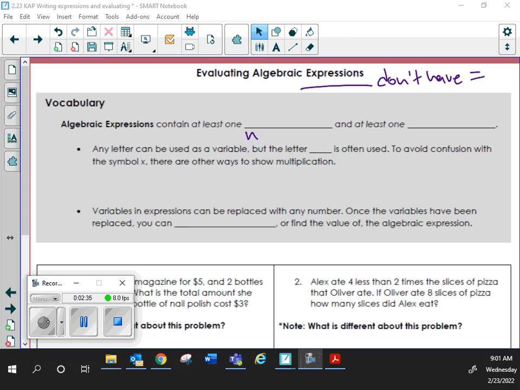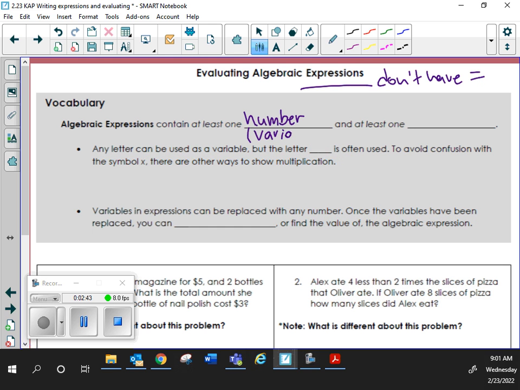It contains at least one either number or, sometimes if we don't have a number, we have a variable. And at least one operation. Okay? At least one operation, and it usually involves a variable. Whenever we see algebraic, there's usually a variable. So there's going to be one number or variable, and there's also going to be an operation.